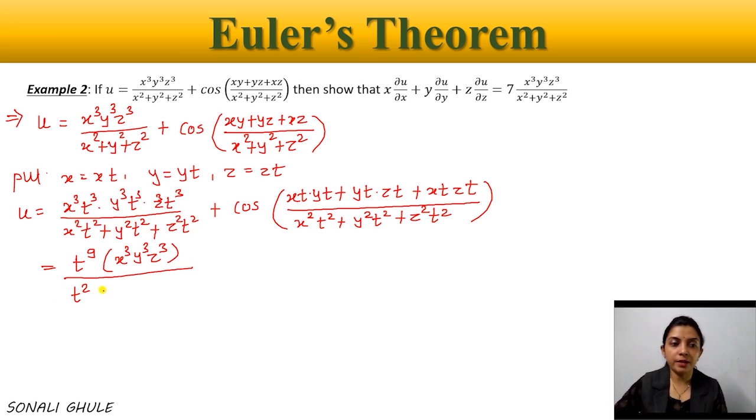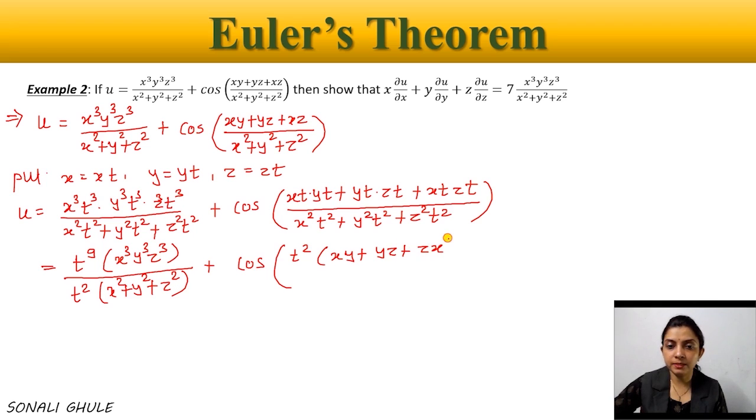Yes, it is t square times x square plus y square plus z square, plus cos of, here see, t into t, t into t, t into t means t square. So I can find here t square common in xy plus yz plus zx upon, here also t square is common. So what is remaining there? x square plus y square plus z square.